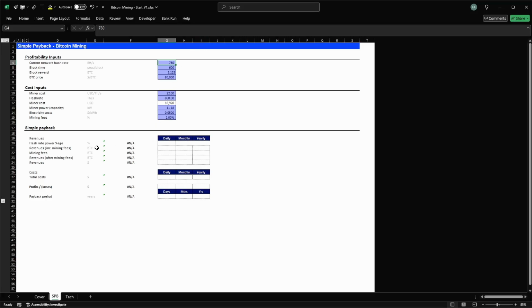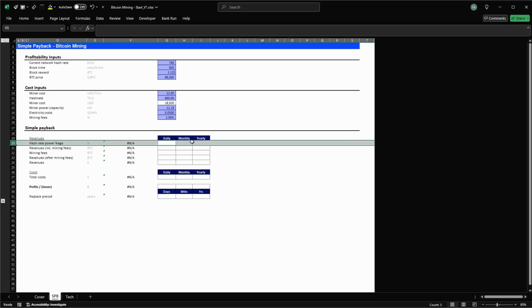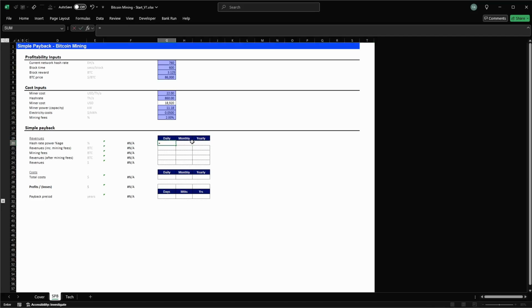All right, so let's see. The first thing I'm going to calculate on row 20 is the percentage of the network that we have. That's pretty straightforward. It's how much power our machine has, which is this number right over here.